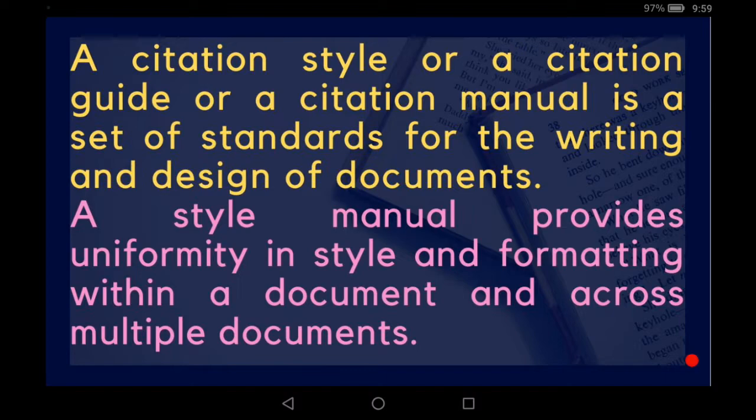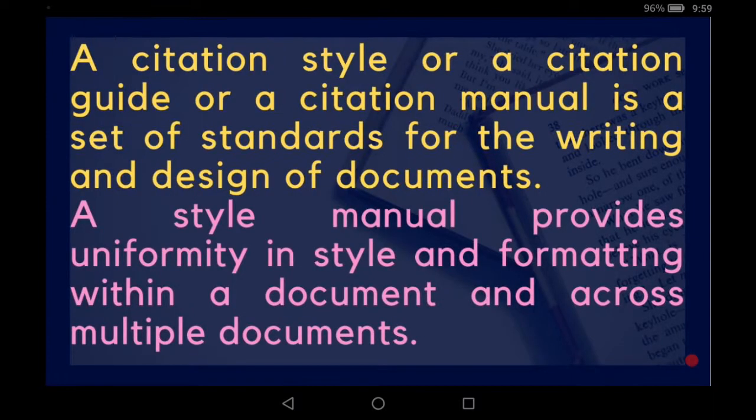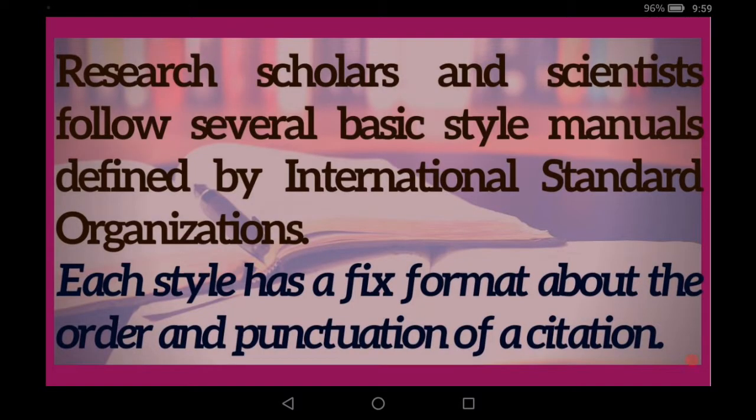across multiple documents. Okay, research scholars and scientists follow several basic style manuals, and all these are defined by international standard organizations. Each style has a fixed format about the order and punctuation of a citation. Both these things are very important.